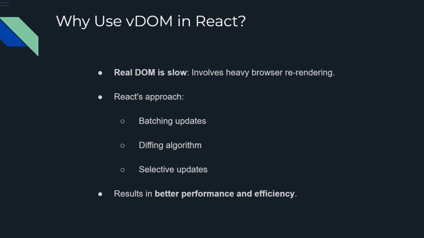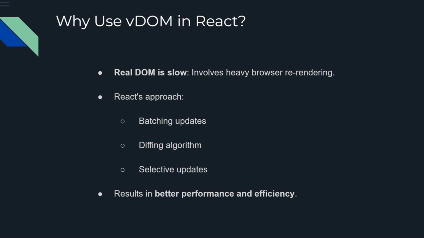Now, why use the VDOM? I just told you some advantages of the virtual DOM, but there are some others also. The real DOM is slow because it involves heavy browser re-rendering, since it re-renders again and again whenever we refresh or load the file. The React approach is batching update, diffing algorithm, and selective update. Selective update means if only a paragraph is changed, it will only make the change to the paragraph.